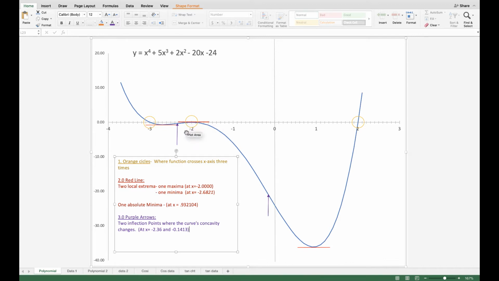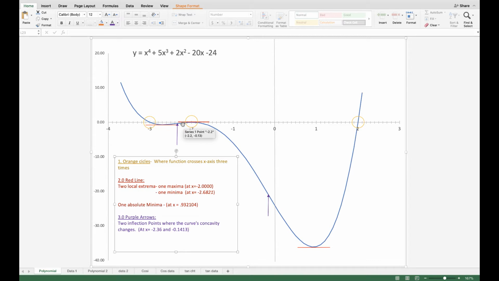So at x equals minus 2, not only do we intersect the x-axis, it is also our local maxima, because we have a negative on either side of our second derivative.